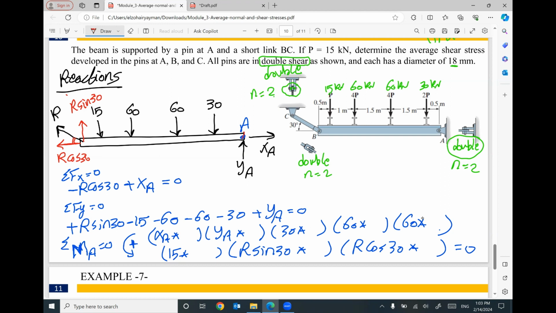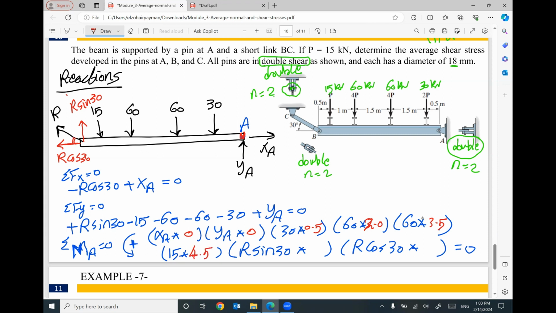Sometimes the term has a zero force or zero distance. For example, I'm sitting at A, so the distance between XA and A is 0, YA and A is 0. Between 30 and A is 0.5, between the first 60 and A is 2, the second 60 and A is 3.5, and the 15 and A is 4.5.